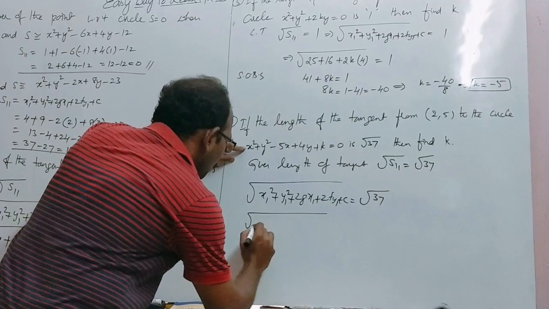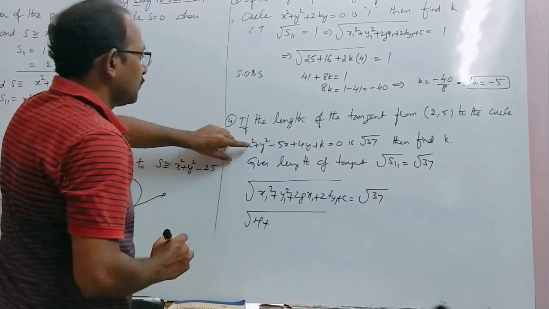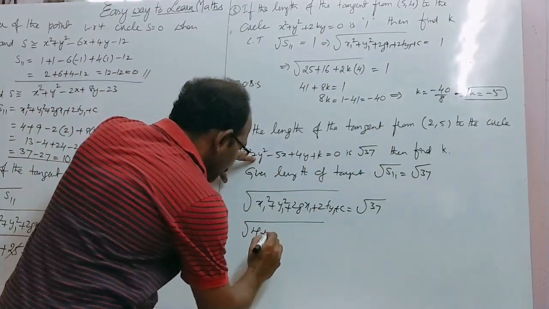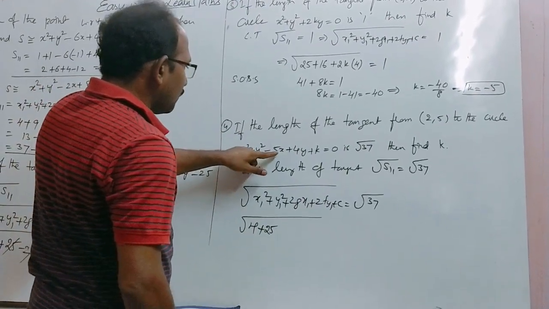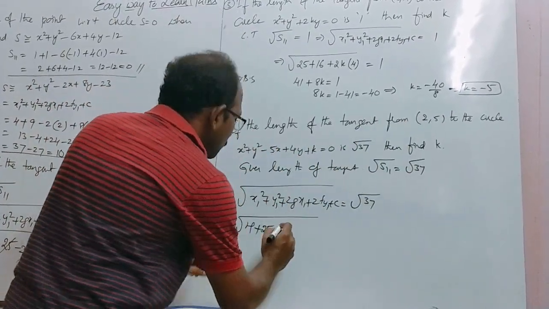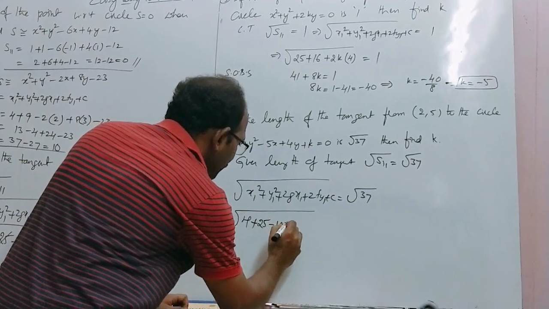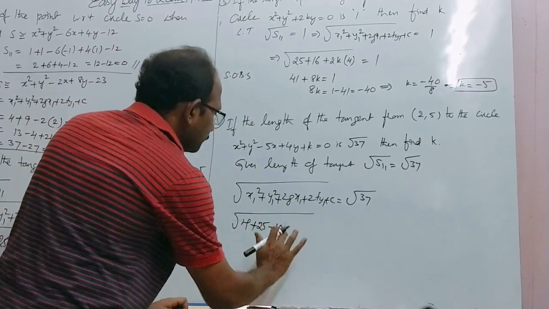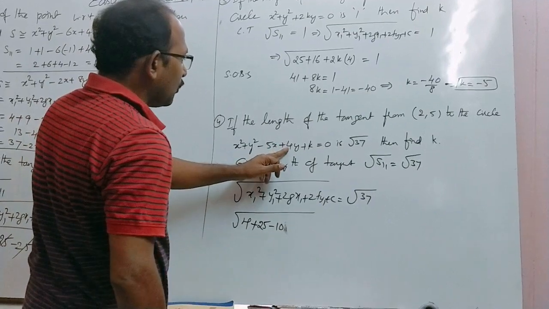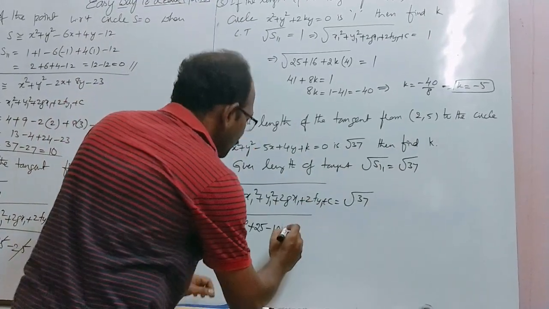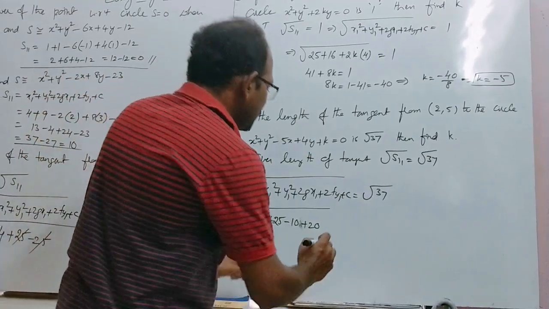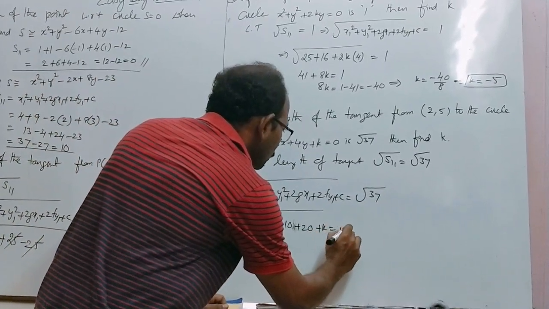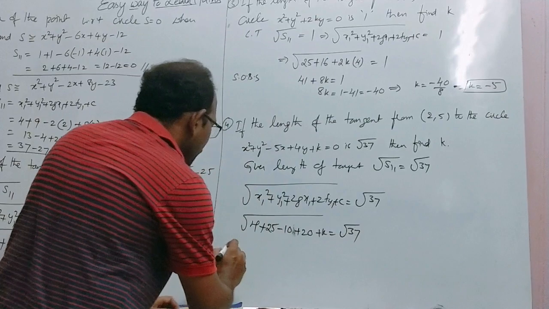Then 2 square, which is nothing but 4, plus 5 square, which is nothing but 25, then minus 5 into 2, minus 10, and again plus 4 into 5, 4 fives are 20, plus k is equal to root 37.